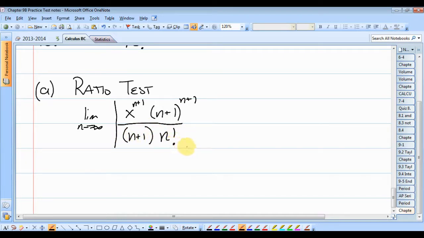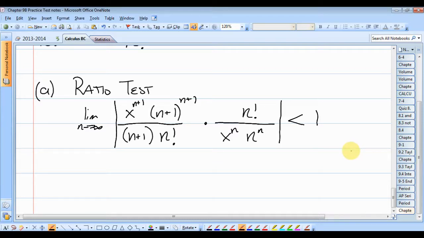I simplified that for you. Make your life a little bit easier. Times n factorial over x to the n to the n. Boom. We want to force that to be less than 1 so we can get a radius of convergence.